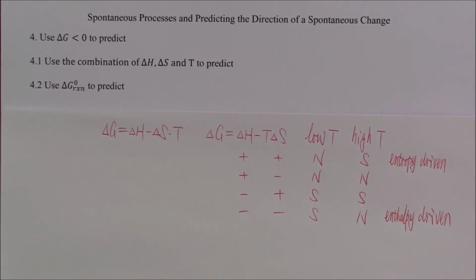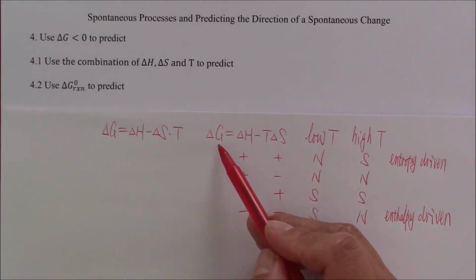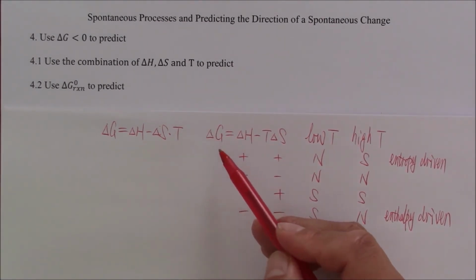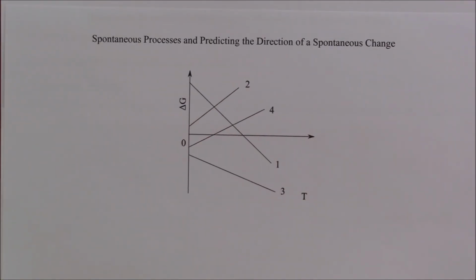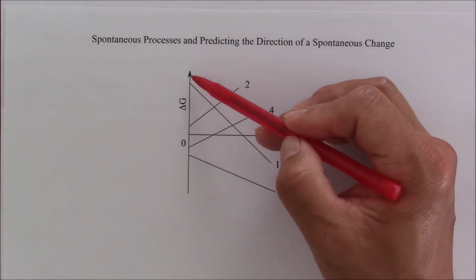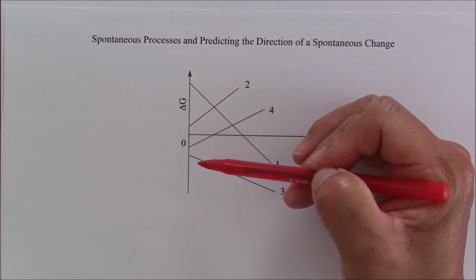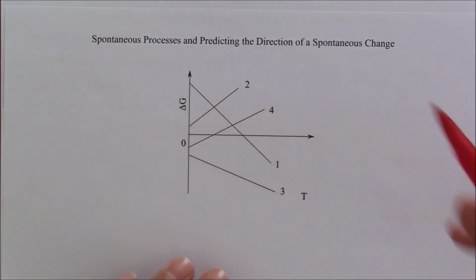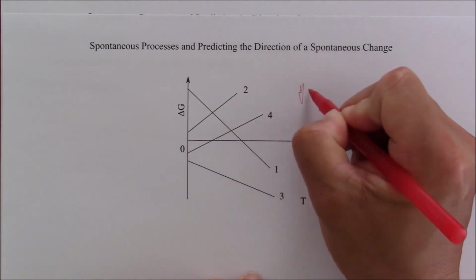Mathematically, we can make a plot for this equation and predict when delta G is positive and when delta G is negative. Let's look at the plot. These are the plots. The intersection with the y-axis is called the y-intercept. If you write down the equation, it should be y equal to mx plus b.